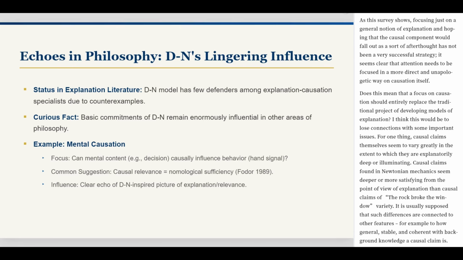Can my decision to raise my hand, a mental state, really cause my arm to move, a physical behavior? A common approach, championed by figures like Fodor, defines causal relevance in terms of nomological sufficiency. Basically, property X makes a difference to property Y if the occurrence of X is nomologically sufficient for the occurrence of Y. Notice the echo: the DN model's ghost haunting the halls of philosophy of mind, even if the specialists in explanation have moved on.